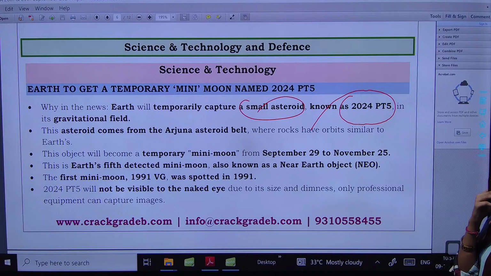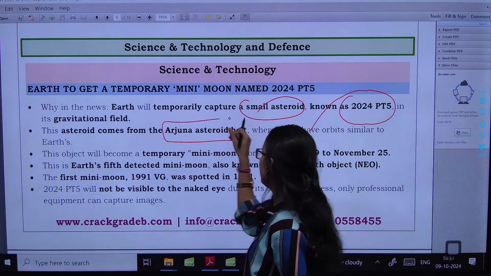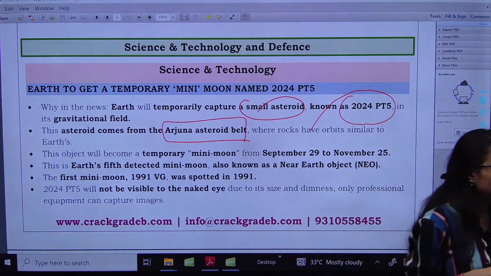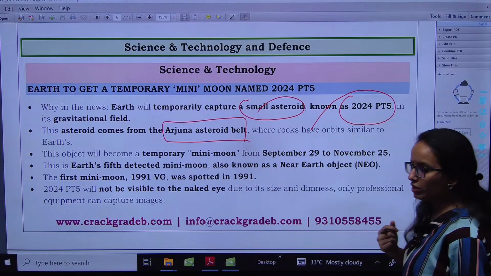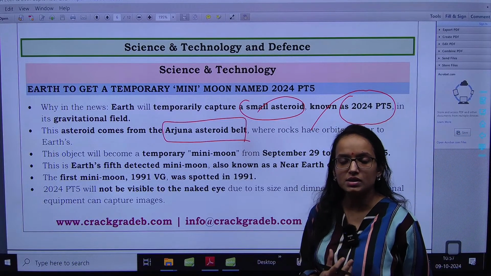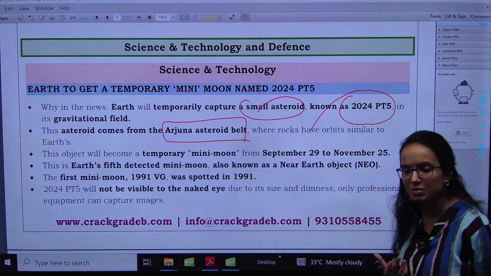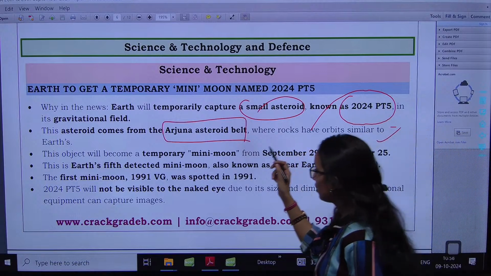So it is going to be there. Remember the name 2024 PT5. The asteroid comes from the Arjuna asteroid belt, which is a quite famous asteroid belt. It has asteroids which have orbits similar to that of the Earth's.